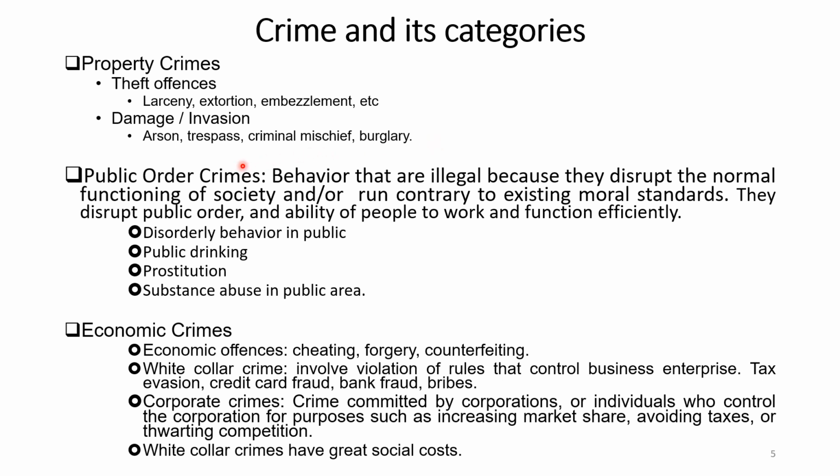Public order crimes are acts that violate the law and disrupt the normal functioning of society through both physical inconveniences as well as by running contrary to the existing moral standards of society.